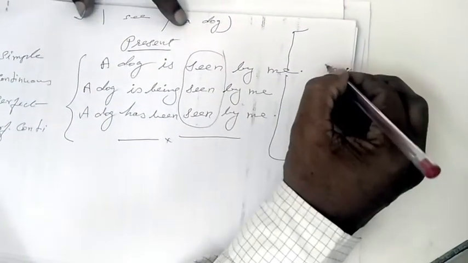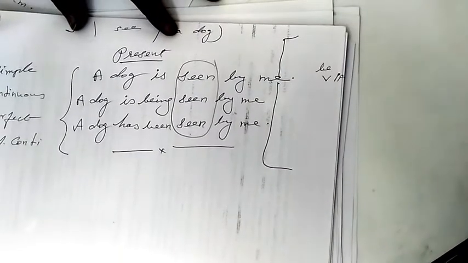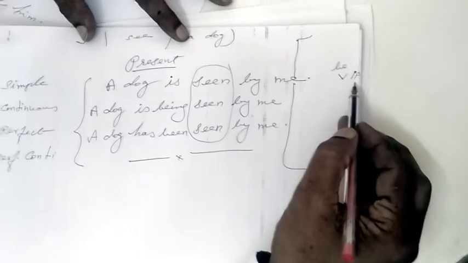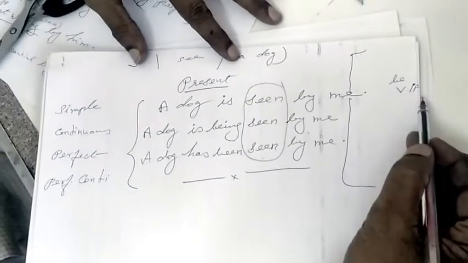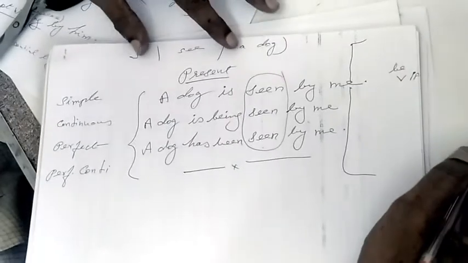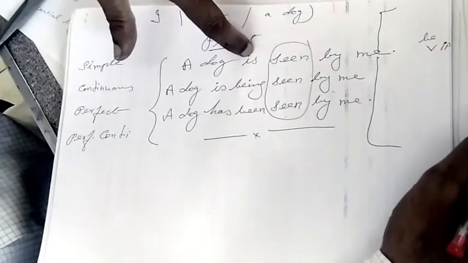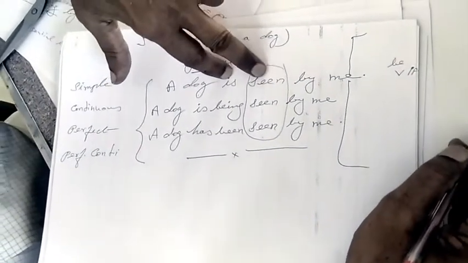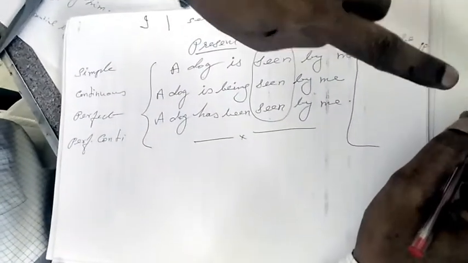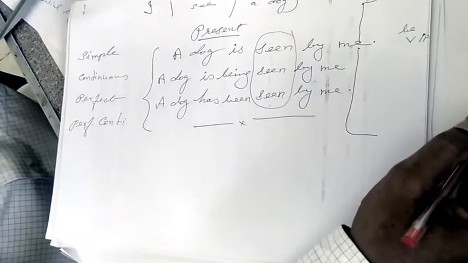The verb is the B group verb. Only B group, nothing more, nothing before, nothing after. B group and past participle. Therefore it became simple tense. Why simple? Verb only. And what about this seen? That is the past participle, the sign of passive voice.